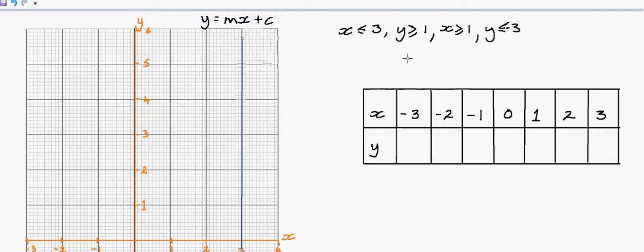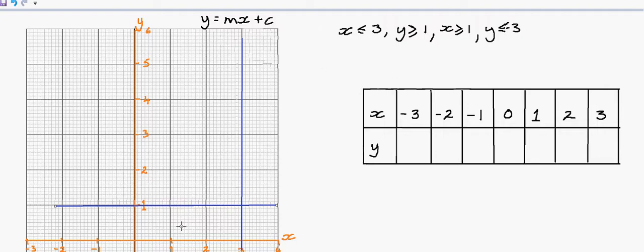Okay, now we go to where y equals 1. So again, anywhere on this line y equals 1. Okay, so now I go to where x equals 1.